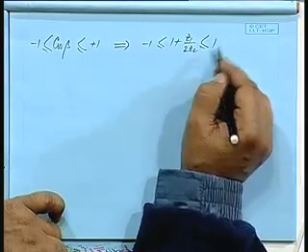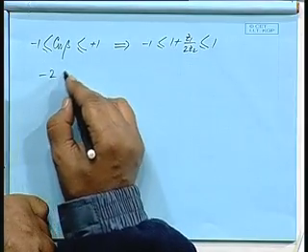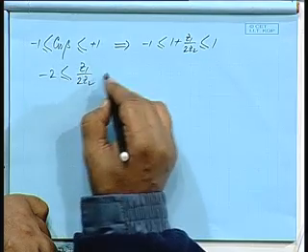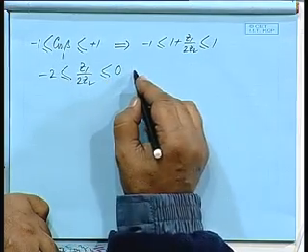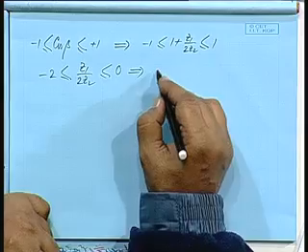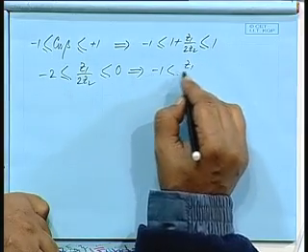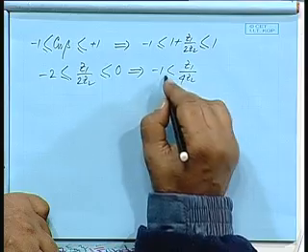Subtract 1 from all of them, that gives me minus 2, Z1 by twice Z2, 0, which means if I further divide by 2, minus 1, Z1 by 4 Z2, 0.